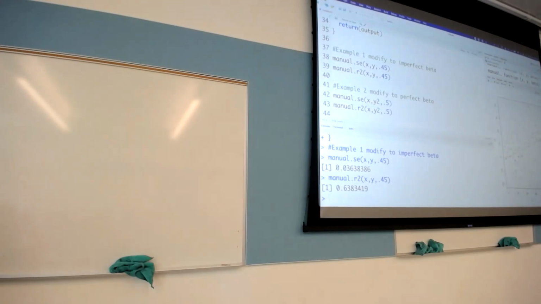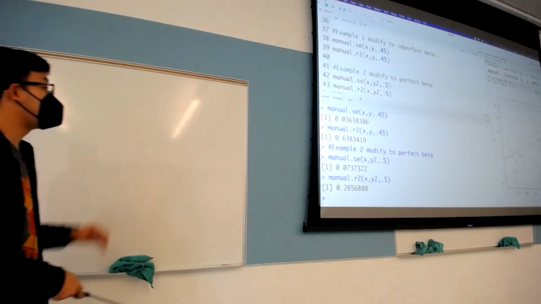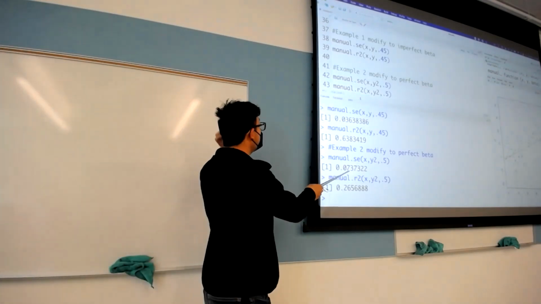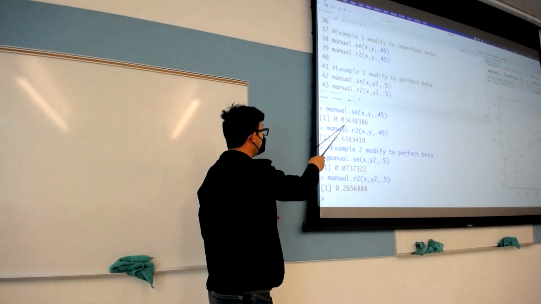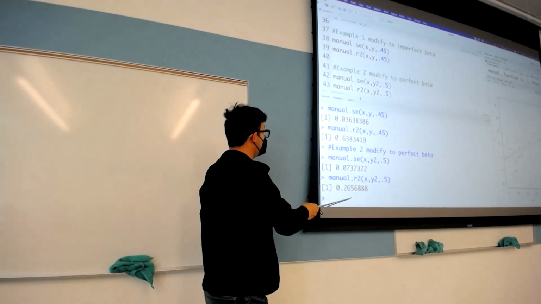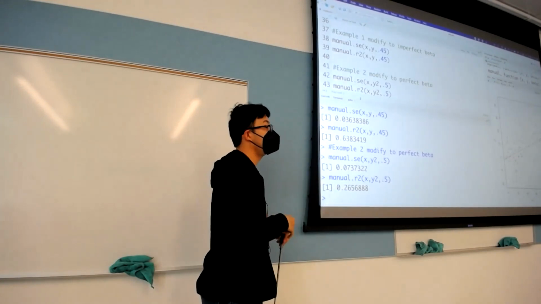Okay, and then in example 2, let me pull this up a little bit so we can see both at the same time. Example 2, my standard error is twice as big, and my R squared is less than half of this.